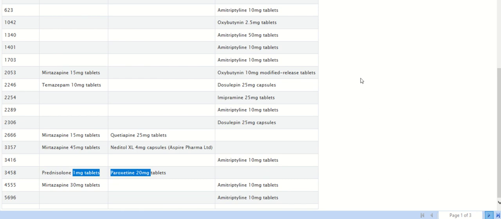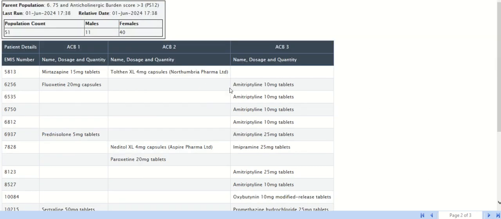When you go through the pages here, you can see a patient who is on Neditol, which scores 2, and imipramine that scores 3. So this patient scores 5, so perhaps needs a more urgent review. And you can see actually they're on Neditol and paroxetine and imipramine, so they would actually score 7 here.